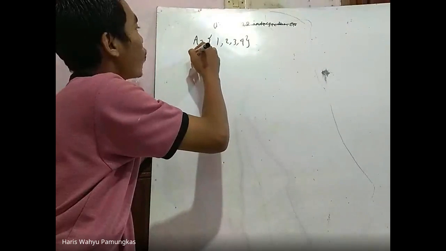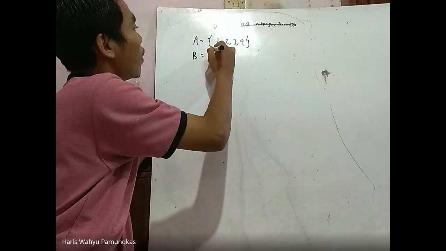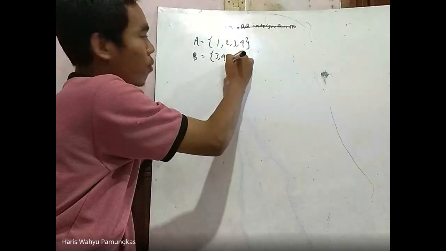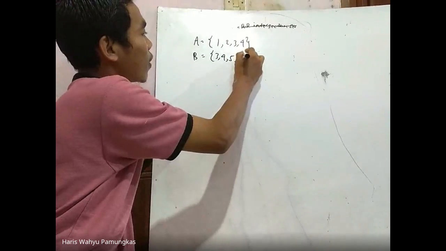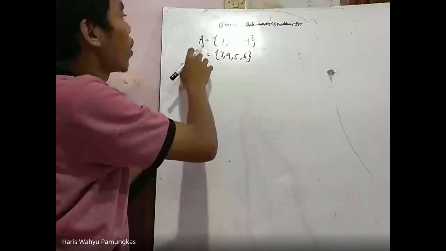And we have set B, the elements are 3, 4, 5, and 6. And then how can we get the answer of the union of A and B?